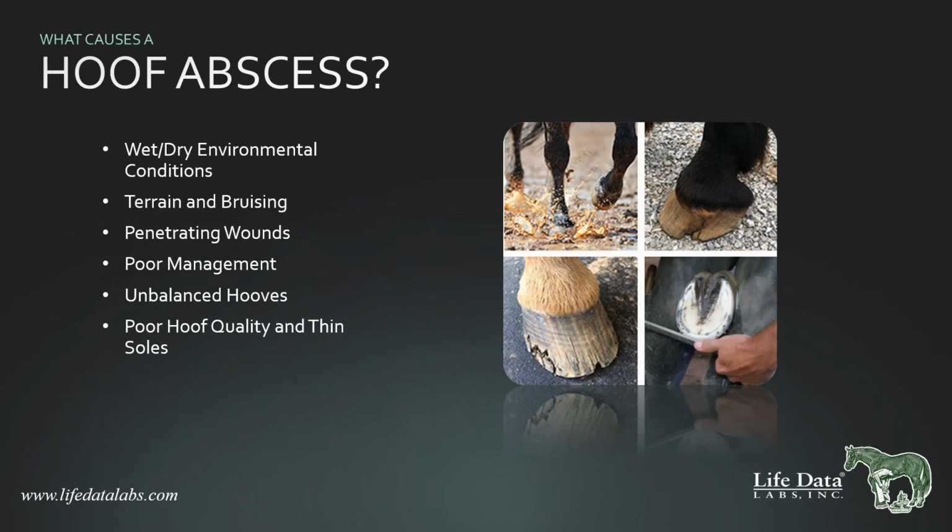Another easy means of starting an abscess is just a penetrating wound. Something penetrates the sole of the foot, that becomes an automatic entry point for that bacteria to set up shop and to create that abscess as well. Poor management as far as where the horse has to live, whether those are wet conditions, the stall itself, how good we do as far as managing the cleanliness of the stalls, keeping them clean and dry, is a factor.